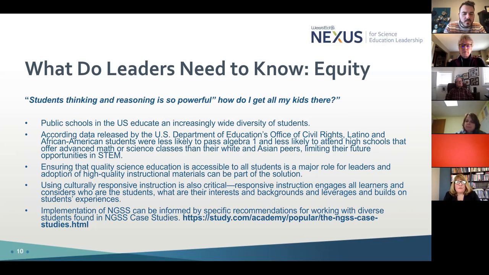There's the performance data, as well as data released recently by the U.S. Department of Ed Office of Civil Rights, that shows that African American students are less likely to pass Algebra 1, less likely to have advanced math and science classes than their white and Asian peers. These limit their future opportunities in science.